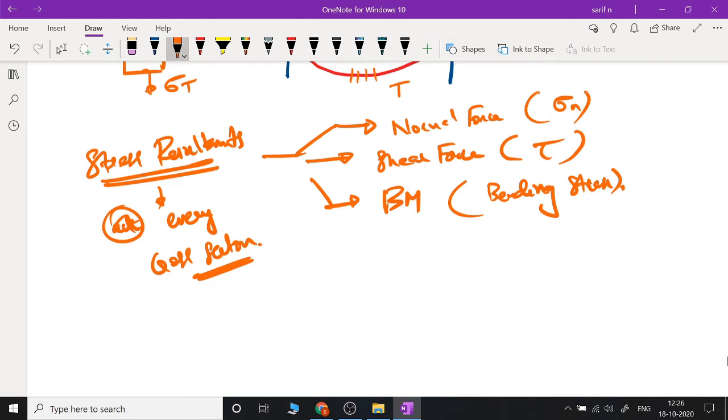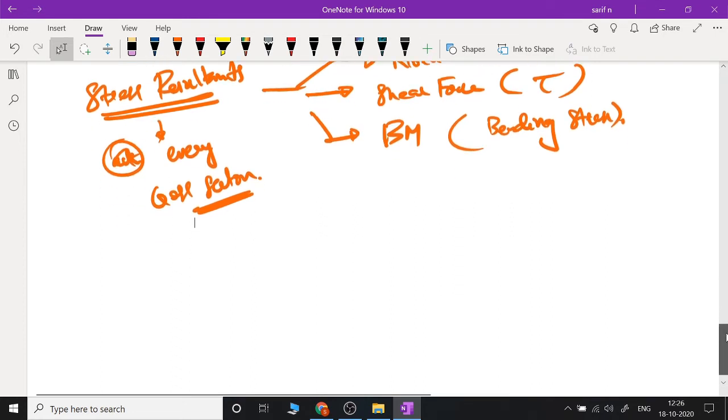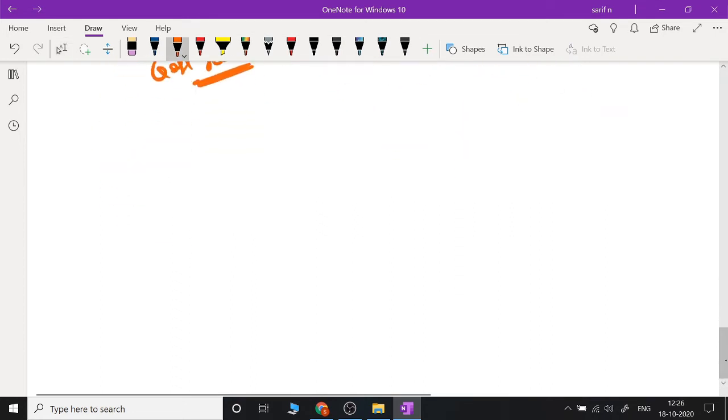There is going to be a normal force, which is the resultant of the normal stresses. There is going to be shear force, which is the resultant of the shear stress on the cross section, and there is going to be bending moment, which is the resultant of the bending stresses. Now we also need to develop some kind of a definition for these three.